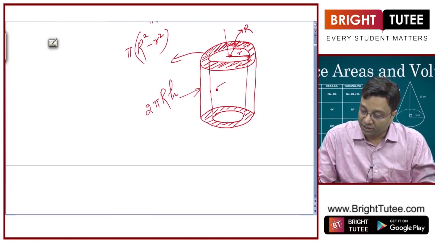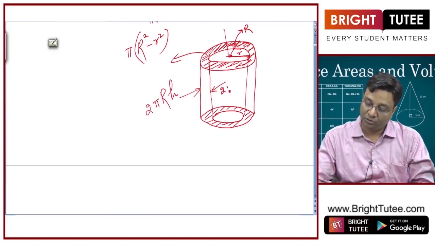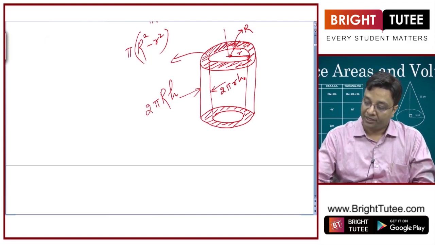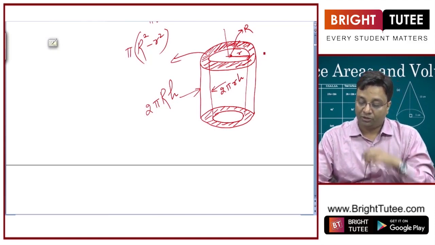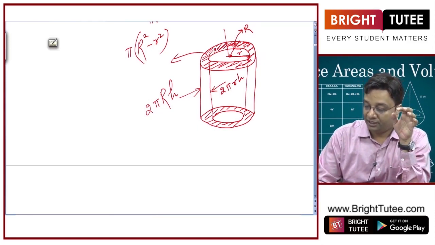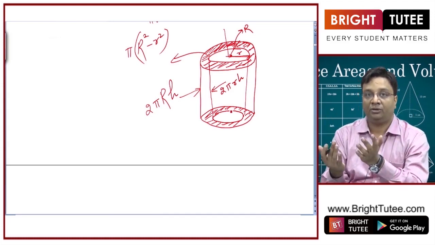Now the curved surface area from the inside will be 2 pi small RH, okay. Also, if you need to talk about the total surface area, it is a combination of the area on the inside and the area on the outside.